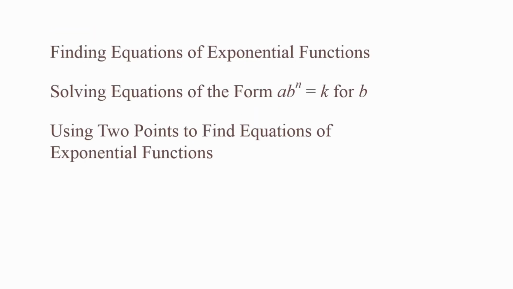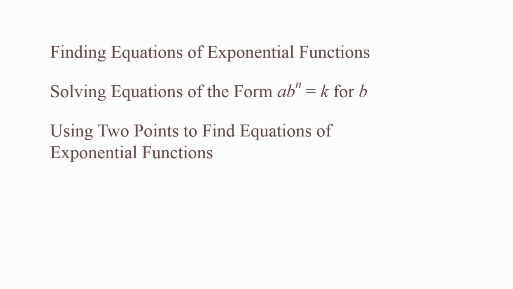Finding equations of exponential functions. We can find the equation from a table of an exponential function if the value of the independent variable increases by 1, the value of our dependent variable is multiplied by the base b, starting with 0 and the output for 0, which is a.